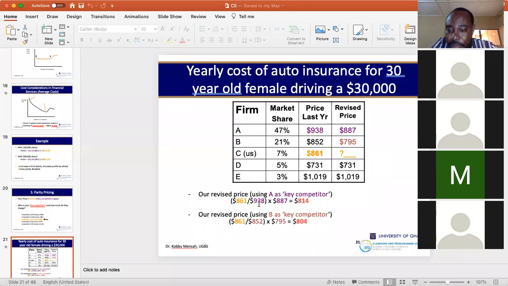Okay, understood. One more question though. What happens if your competitors decide to play the waiting game and don't release their revised price? And your customers are also waiting for you? Exactly. So that's a very competent question. These are some of the limitations, all right, of pricing strategies such as parity pricing.